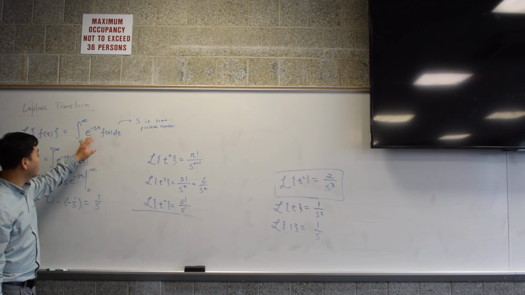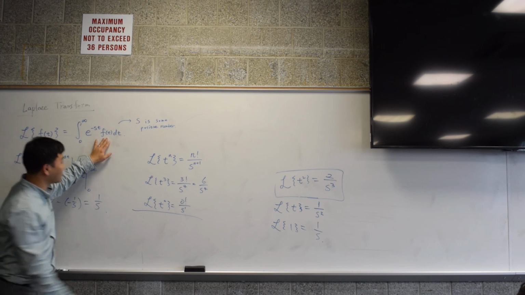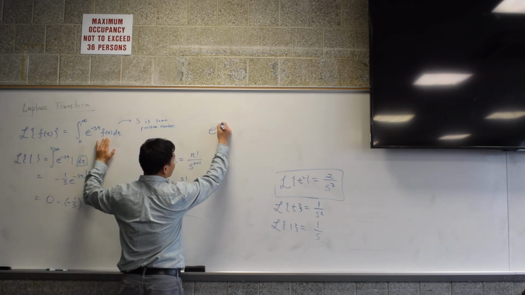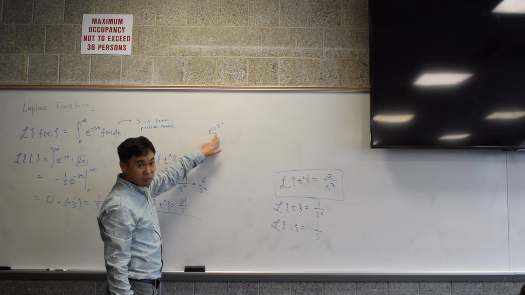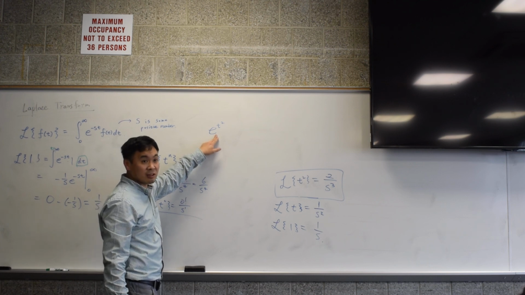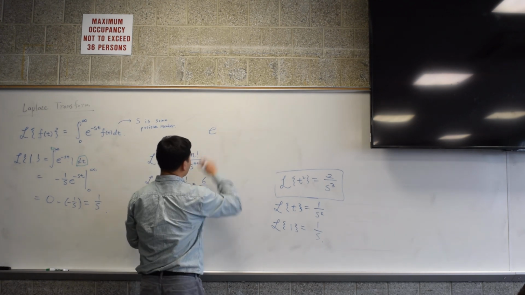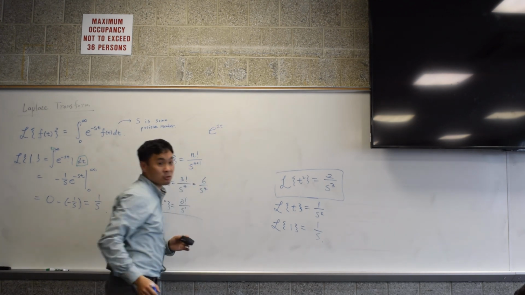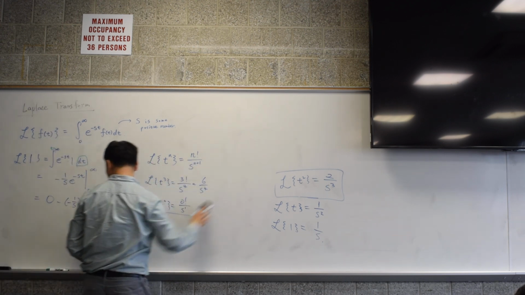So, for example, if you have a function that's growing very fast, for example, e to the t squared, that grows really, really fast, right? Laplace transform of such functions does not exist. However, if you had a function like e to the 2t, you can define Laplace transforms. So we'll talk about those examples more.